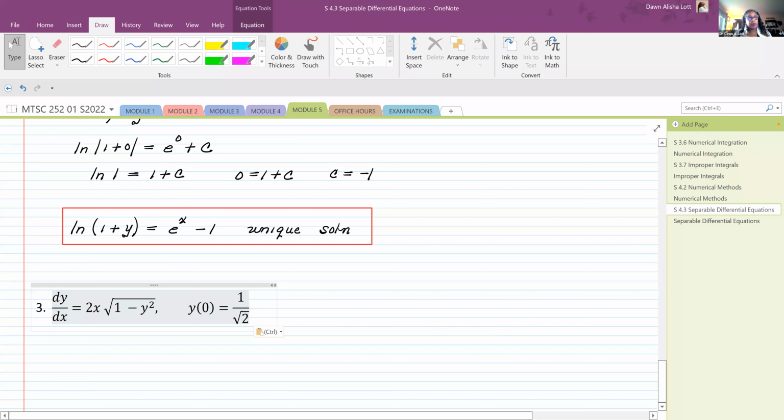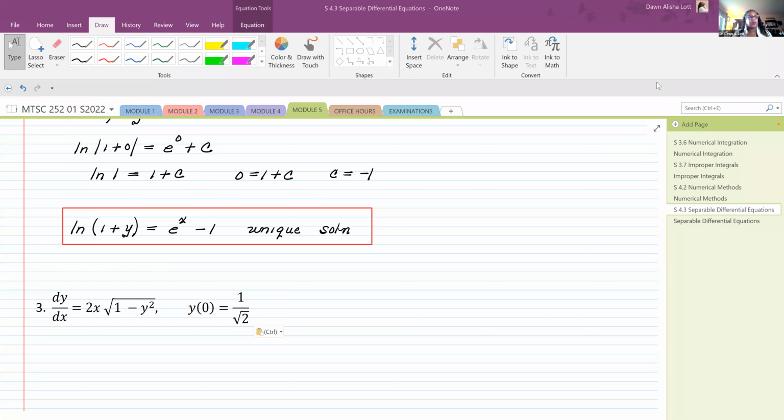Okay, so this is number 3. I want you guys to set it up with the differentials and the integrals while I take roll. Okay, anybody want to tell me what they have in terms of the two integrals?